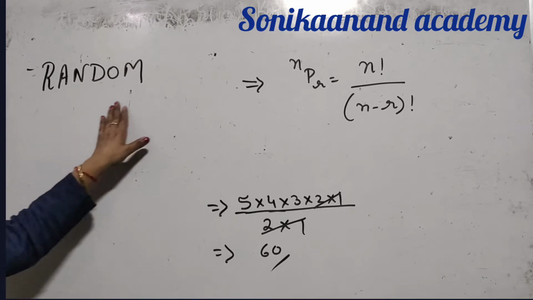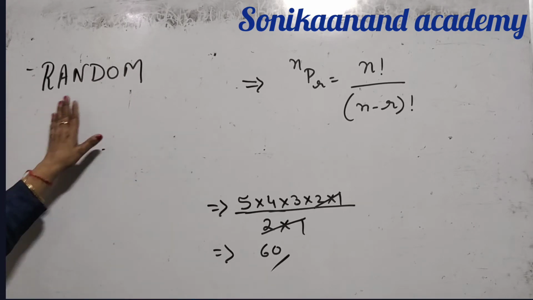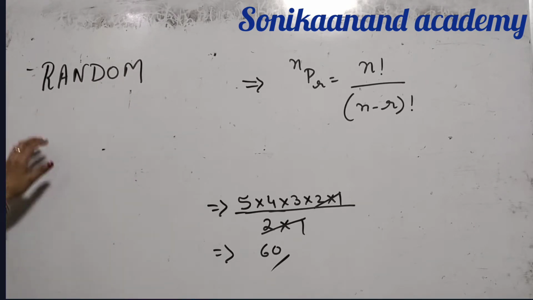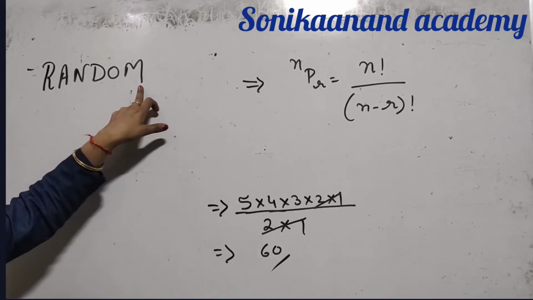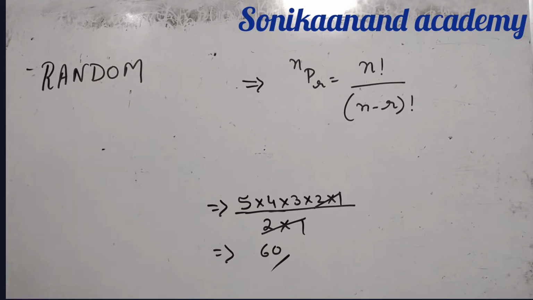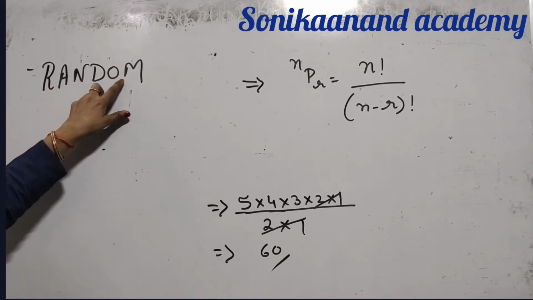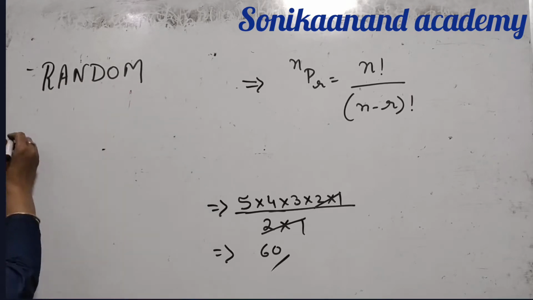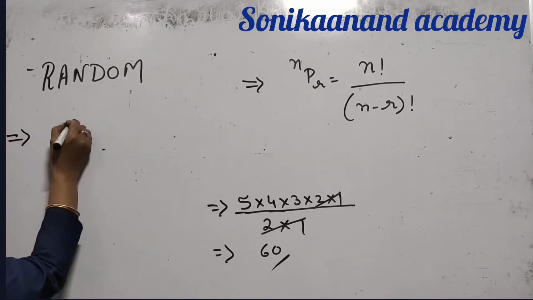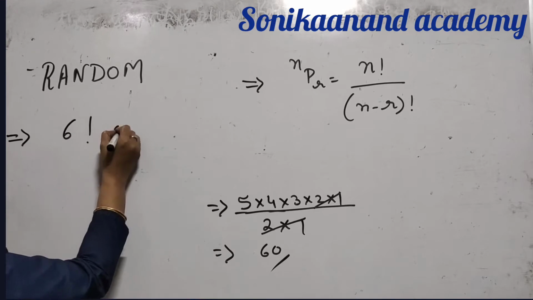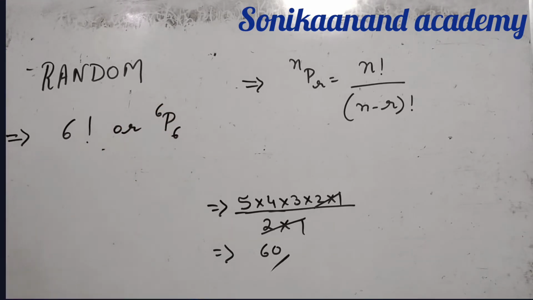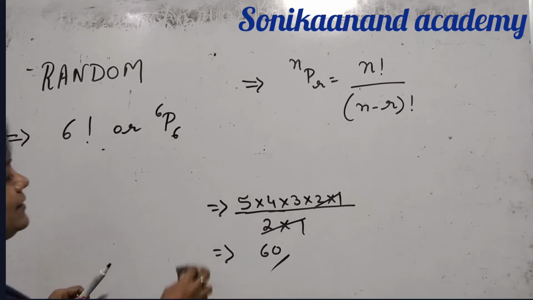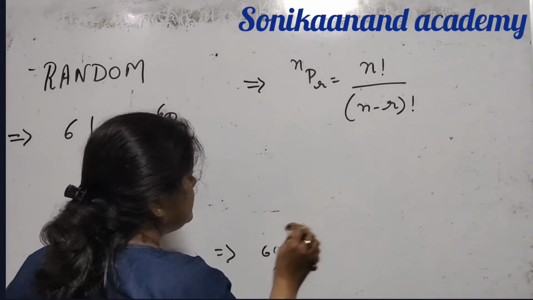How many permutations are possible with these letters? Here, none of the alphabets are repeated. So we just count them: 1, 2, 3, 4, 5 and 6. So the number of arrangements here is factorial 6, or it can also be written as 6P6. We can see that both have the same answer.